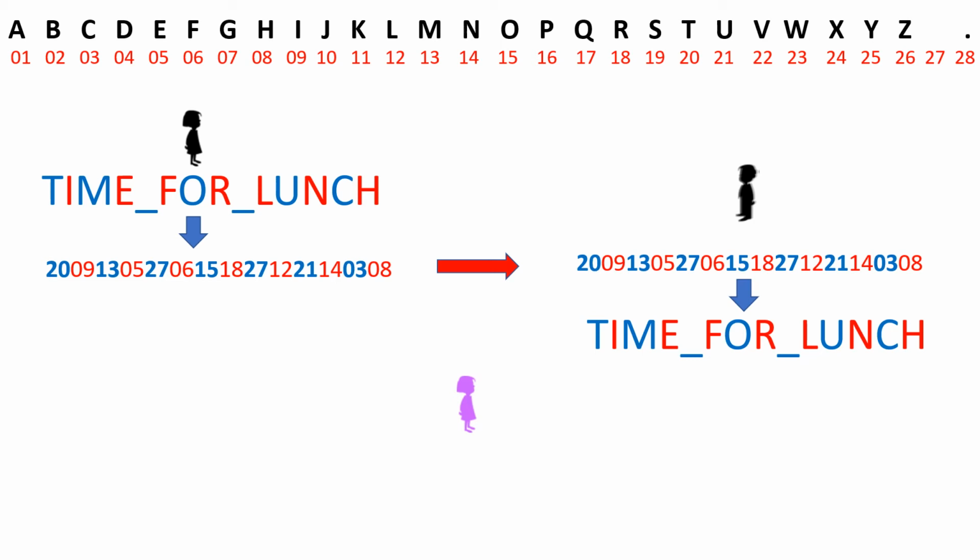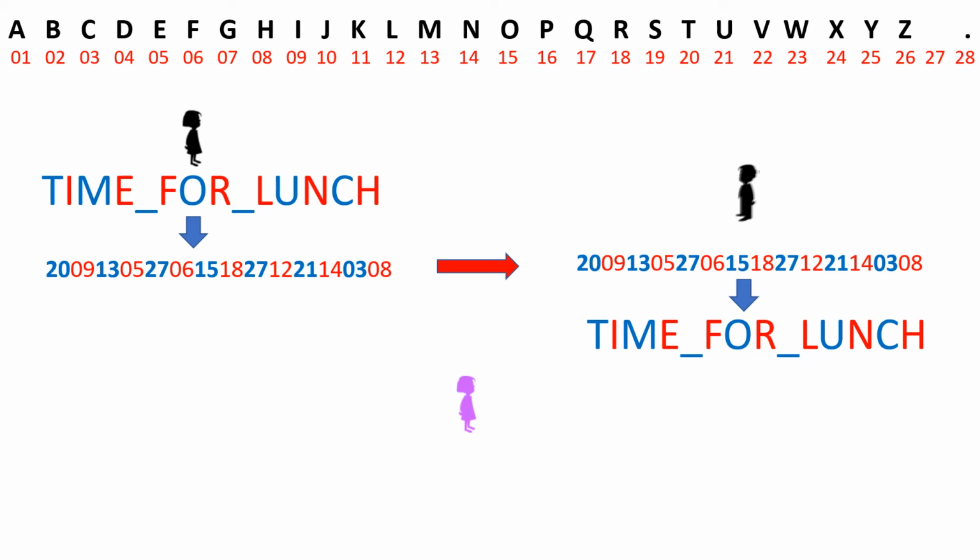Now Eve, she wouldn't see the time for lunch, she would just see this long number. And the question is, does she know that trick? Since it's a kind of common trick, that's probably the first thing she would try. So that's probably not the system any sophisticated operation would want to use.